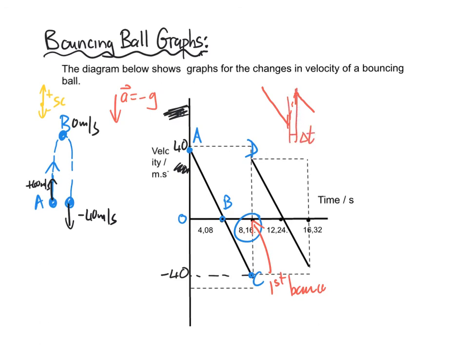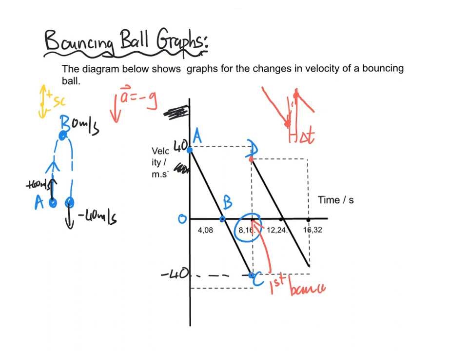D is not directly on top of C, because there's a split second of time in which the ball, when hitting the ground, is decelerated and then accelerated so that it leaves in the opposite direction.